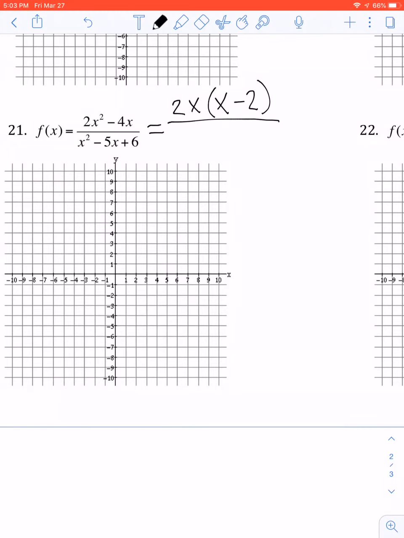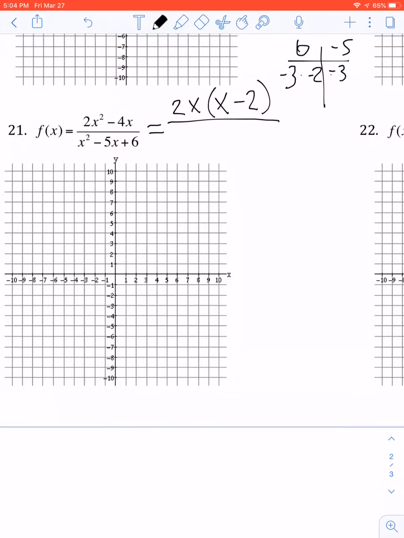And then on the bottom, if you do a t-chart on the side, which I'm not going to do, I guess I can do it right here. We are going to get what? 6 times 1, which is 6. We're going to get negative 5. Okay, so a number that multiplies to 6 and adds up to negative 5, they both need to be negative.